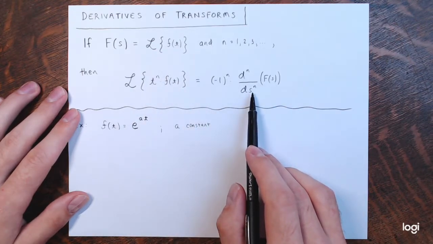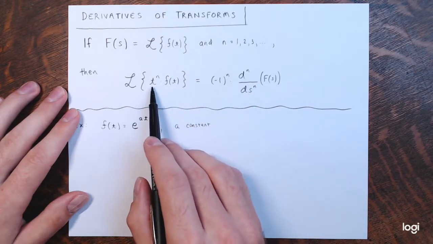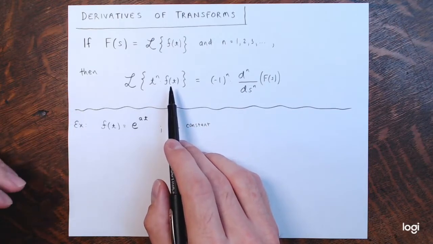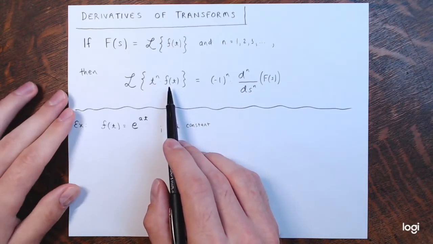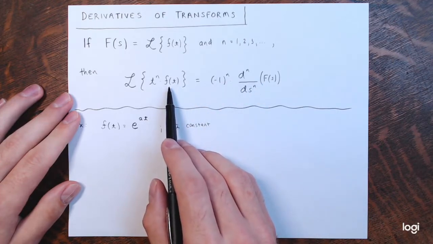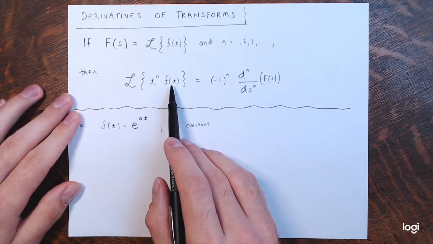So again, rather than using the definition of the Laplace transform and doing all sorts of integration by parts or whatever, we can just apply this rule if we already know the Laplace transform of little f.